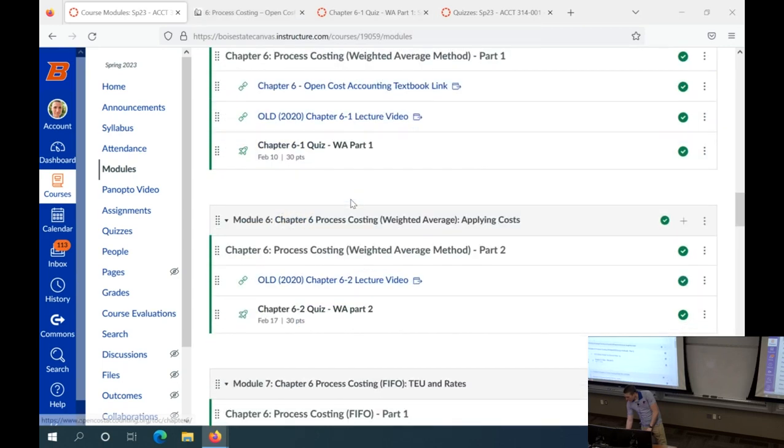And then we'll work on taking those rates and multiplying them by equivalent units in next week's module. I call it applying costs. I'm pretty sure that's the terminology I use throughout the textbook as well. In weighted average, this might seem like a small step, and in many ways it is.